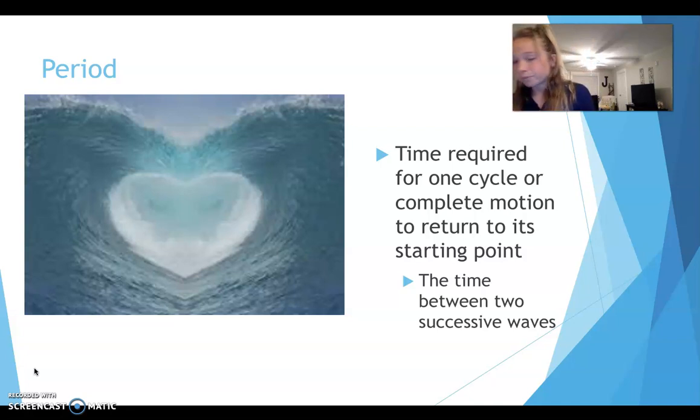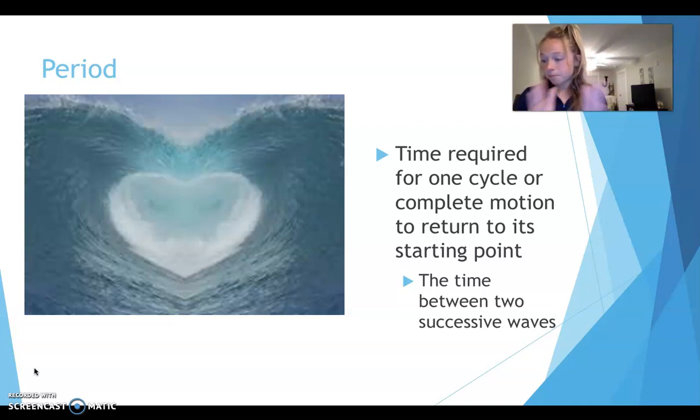So remember, let's go back to what a period is. A period is the time required for one cycle or a complete motion to return to its starting point. So for an ocean wave, the period is the time between the two successive crests.